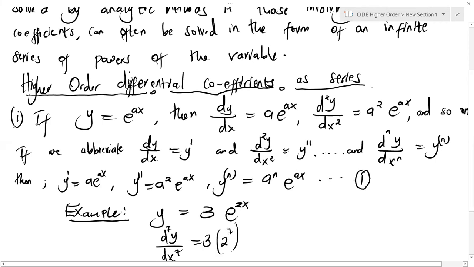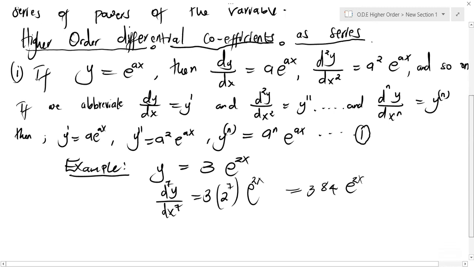As you can see, a is raised to power 7. So our a here is 2 and then exponential 2x. And this generally gives 384 exponential 2x.